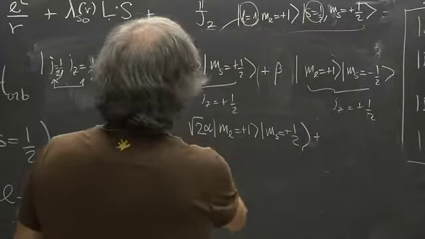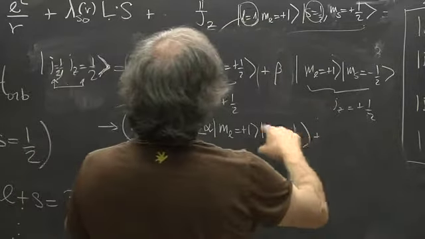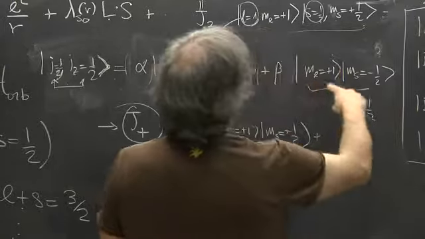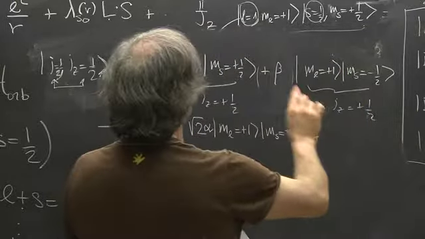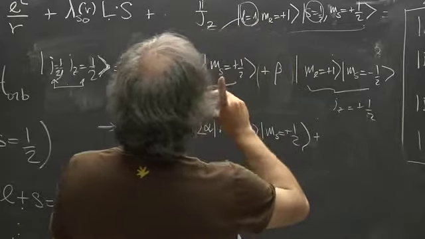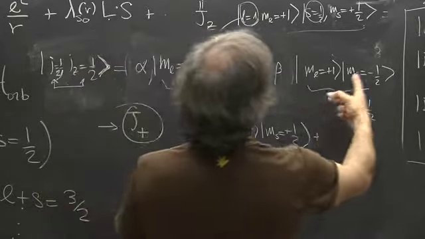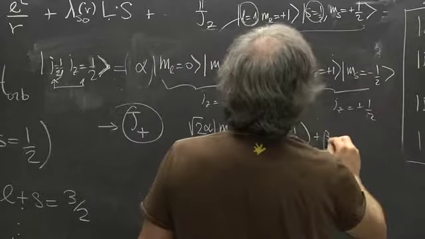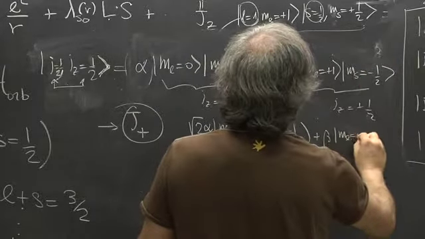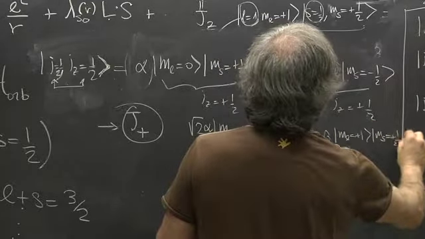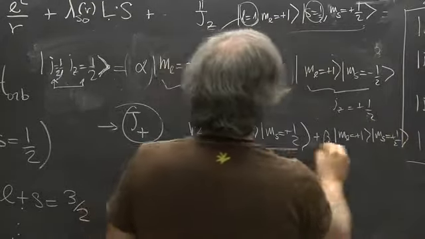I apply L plus, and this gives me this, plus, well, L plus acting on this gives me 0. Plus S plus. S plus on this gives me 0, but on this gives me just beta, M_L equal to plus 1, M_S equal to plus 1/2. You see, you have the same state.